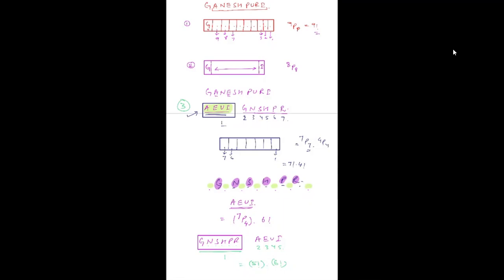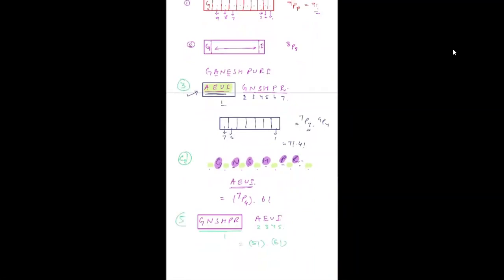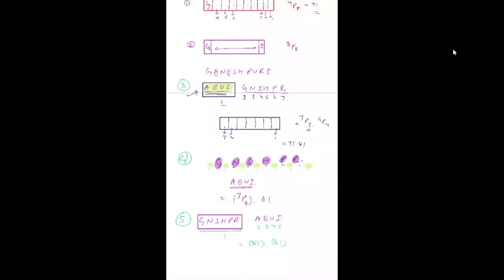Fourth is no two vowels are together. Fifth, all the consonants are together.